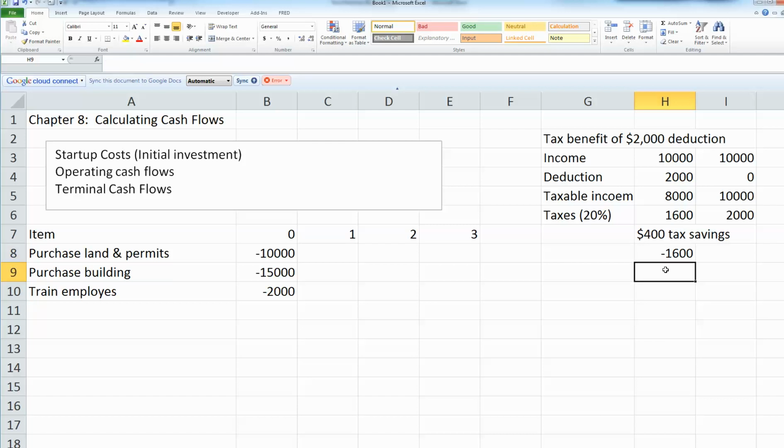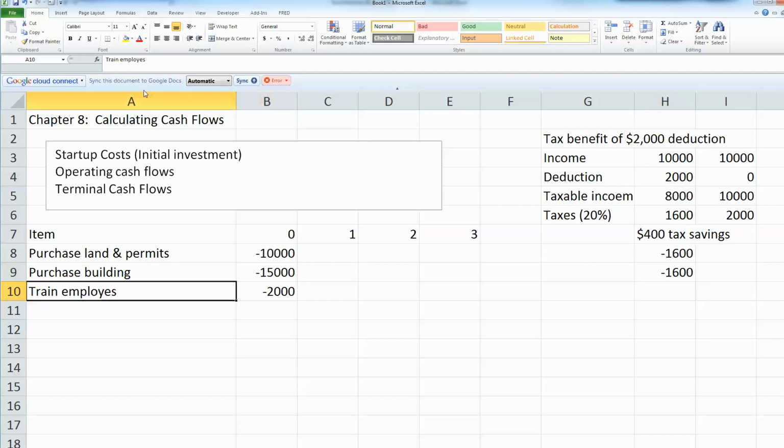The easier way to figure that out is to say, okay, I've got a $2,000 expense. If you multiply by 1 minus the tax rate, it will calculate your after-tax cost of the deduction: the $2,000 deduction itself and the $400 tax savings.